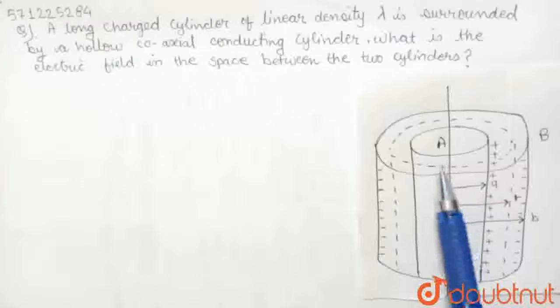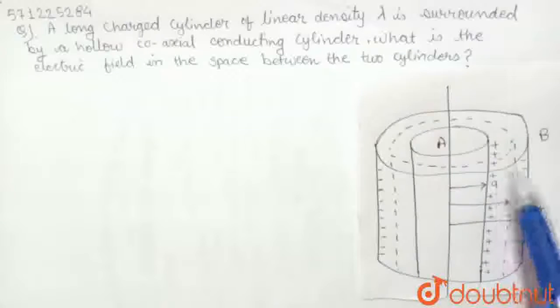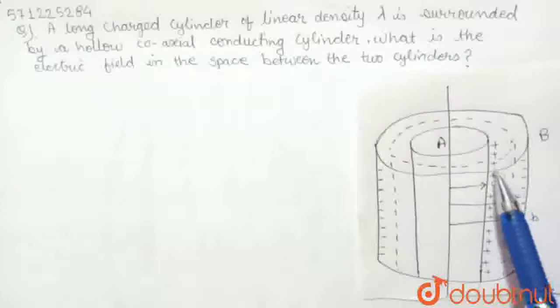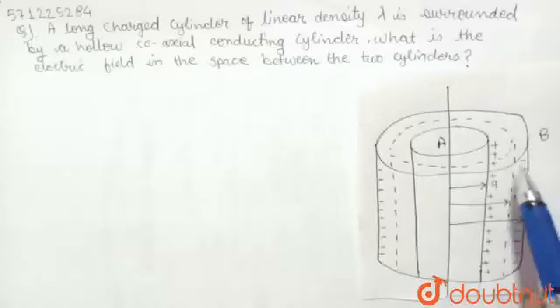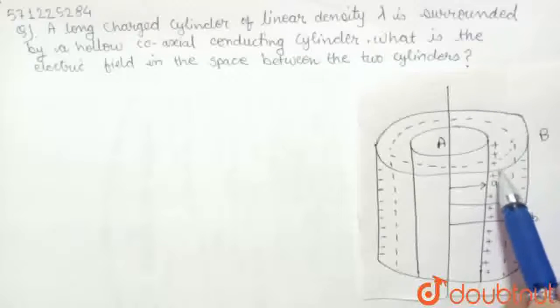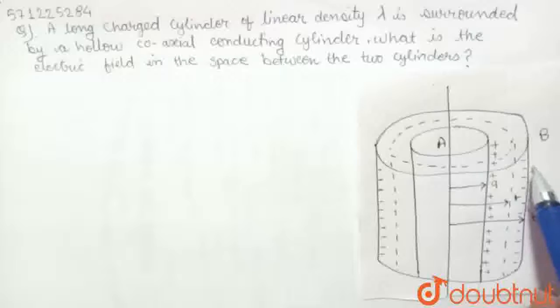There is a positive charge, whose charge density is plus lambda. Here it is positive, and here the negative charge, which is negative lambda.